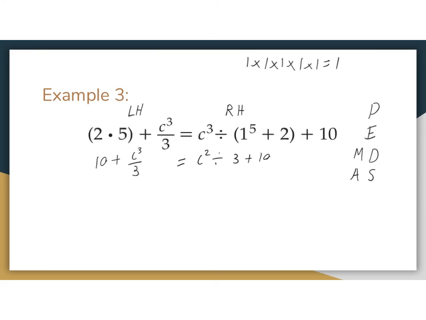Now if we rearrange this equation, we find that it equals c squared over 3 plus 10. So in this case, both sides equal each other, and it doesn't matter what value we put in for c. Sorry, this should be c cubed. So we have 10 plus c cubed divided by 3.